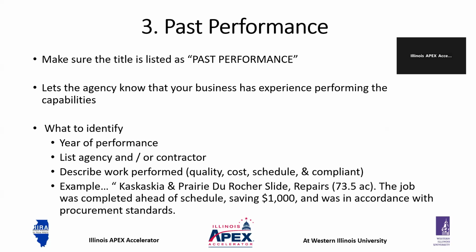You want to identify the year of performance, list the agency and/or contractor that you've worked with, and describe the work performed. This allows you to share the size and scope of your business and how you can accomplish a specific need.